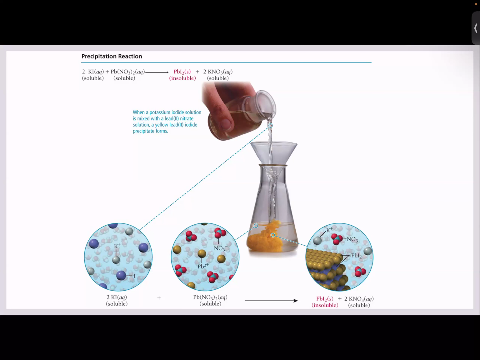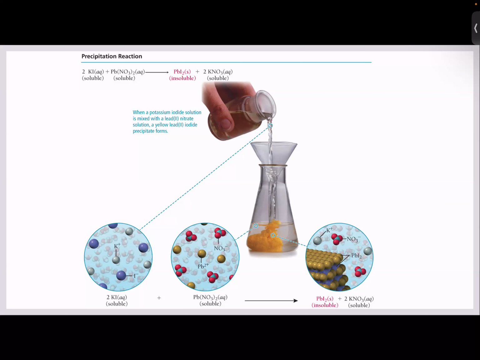If I combine that with lead 2 nitrate, because of rule number 2, I would see that I would be dealing with a soluble ionic compound where I have free-floating lead ions and free-floating nitrate ions in solution.